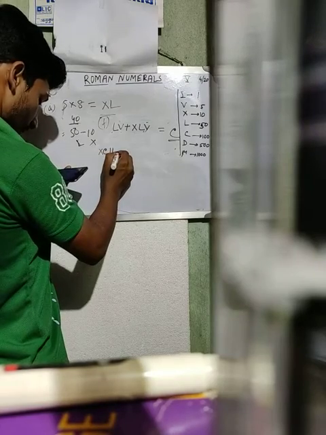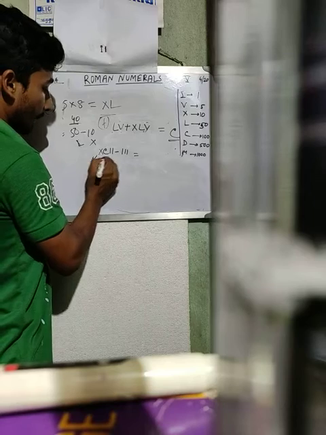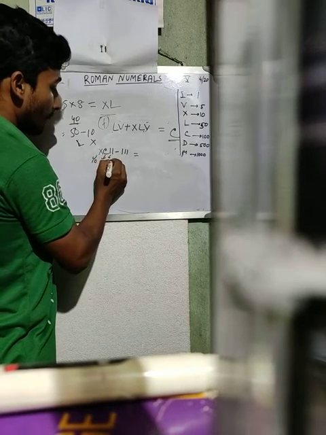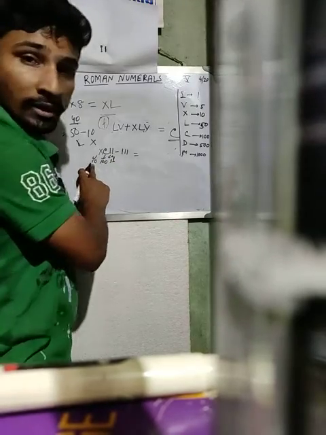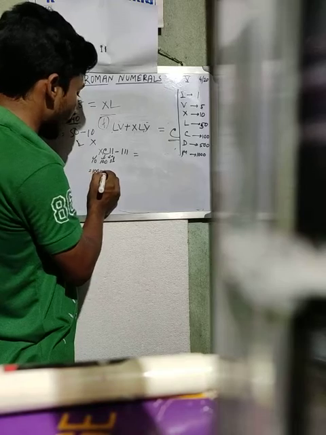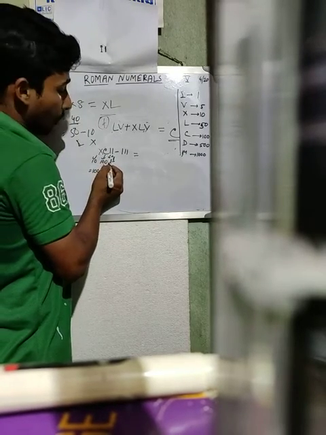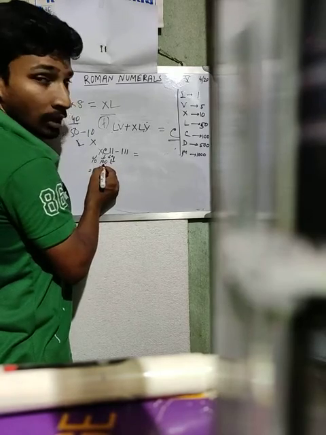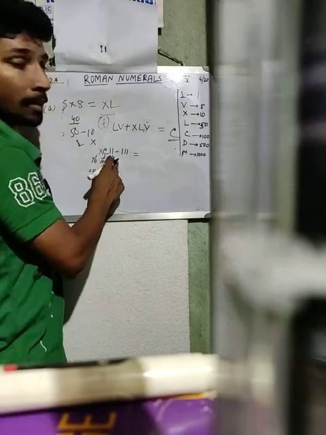XCII minus III. XCII. X means 10, C means 100, I means 1. So the smaller one is placed at the left side of the larger one, then it will be subtracted. That means 100 minus 10. Then 1 is smaller than 100, so the smaller one is placed at the right side of the larger one, then it will be added. 1 plus 1, repeating number added.